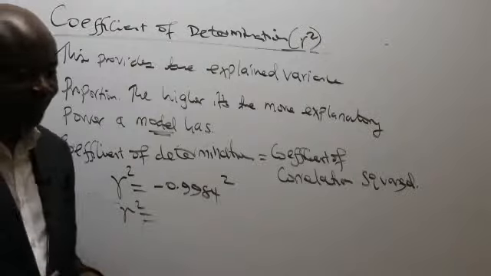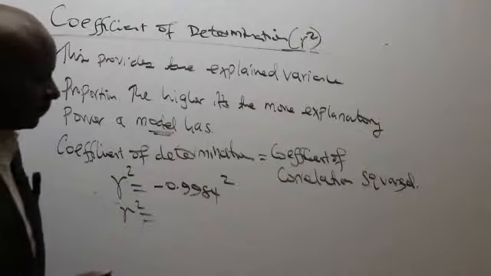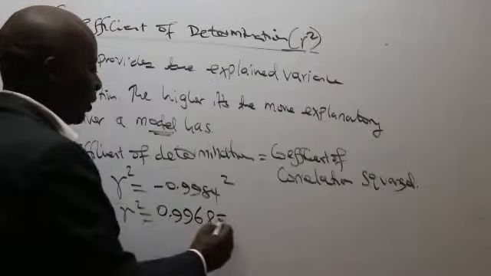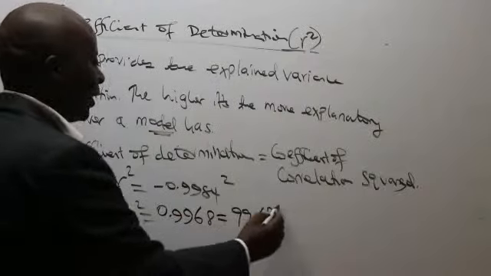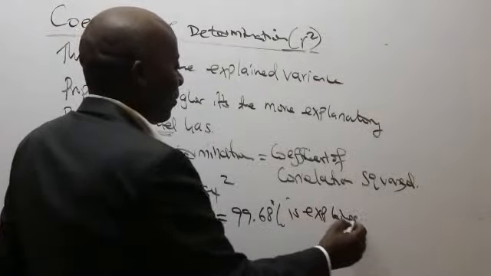Okay, we are getting the figure 0.9968, which means that 99.68% is explained by the model.